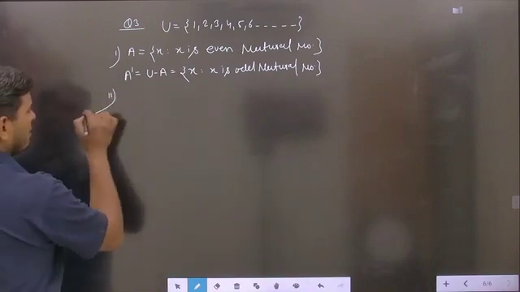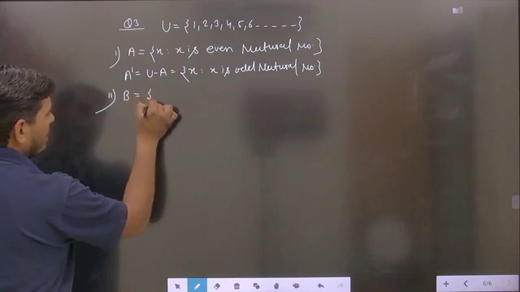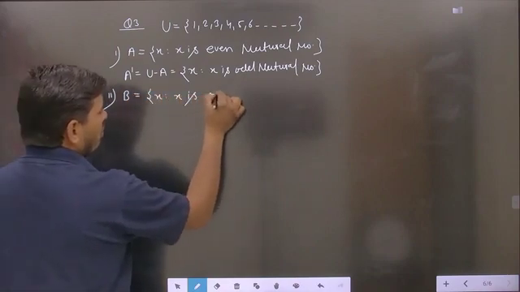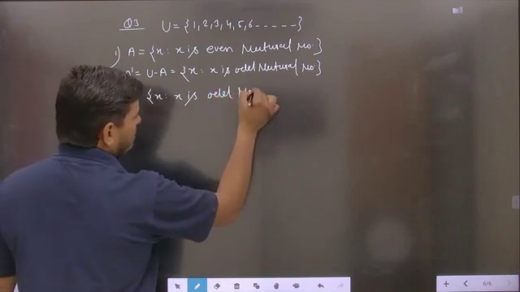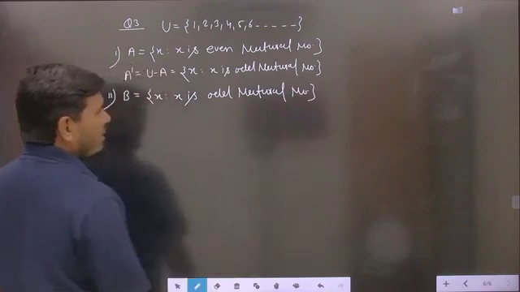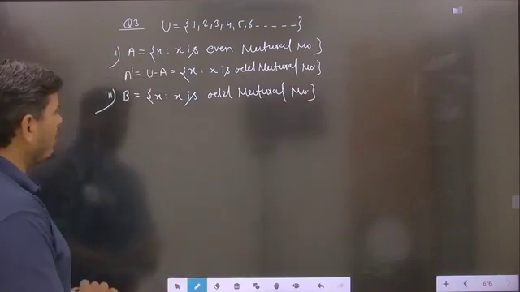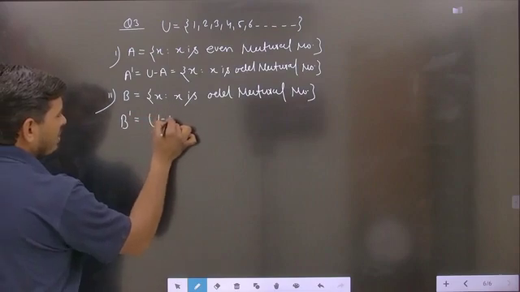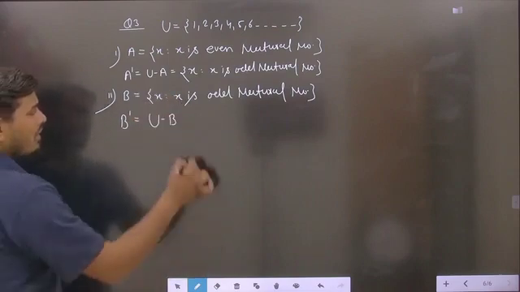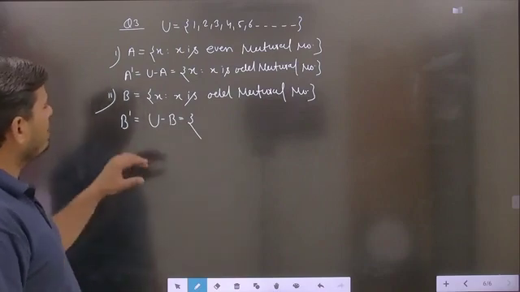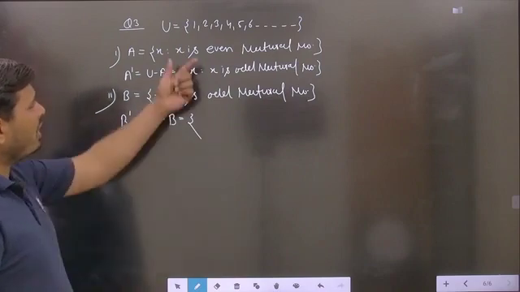Next, the set B. Set B is given as x such that x is an odd natural number. So basically in the case of odd natural numbers, we have to calculate B dash. Then B dash can be represented as U minus B, and U minus B means you eliminate all the elements of set B from the universal set.